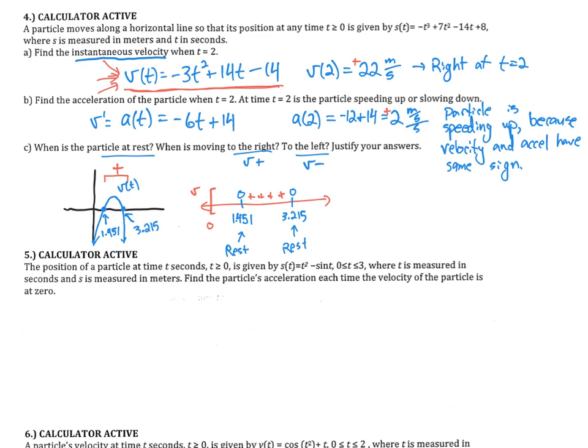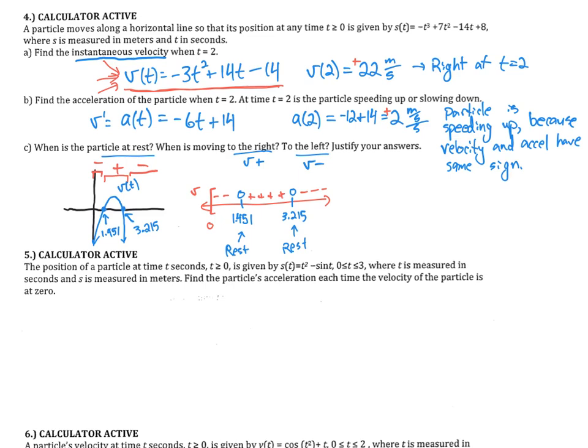And before the first rest time, the velocity graph is below the x-axis, so the velocity is negative before that first time. And after that second point in time, my velocity graph is below the x-axis, it lives in negative land, so my velocity is negative after that.